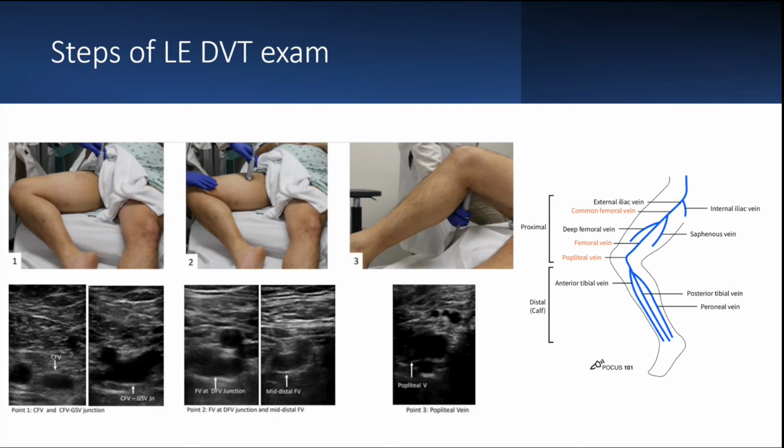After that, we move the probe distally and try to find the trifurcation of the popliteal vein, compressing the popliteal vein until we find the trifurcation. Once we find the trifurcation, that signals the end of the examination. So this is the 3-point protocol, these are the steps of the 3-point DVT ultrasound.